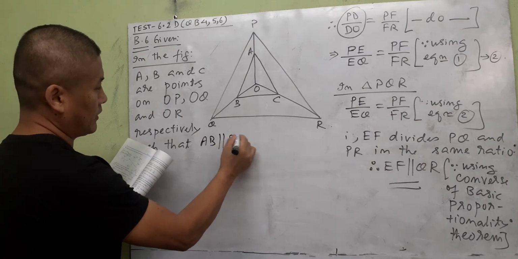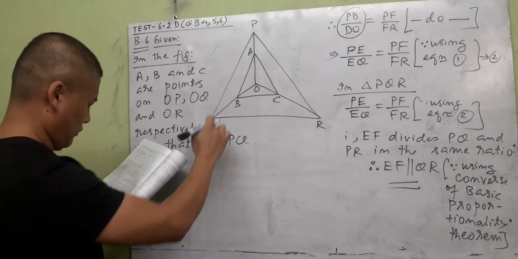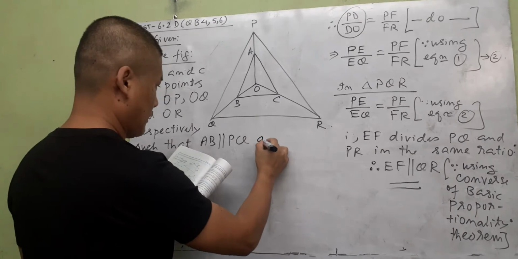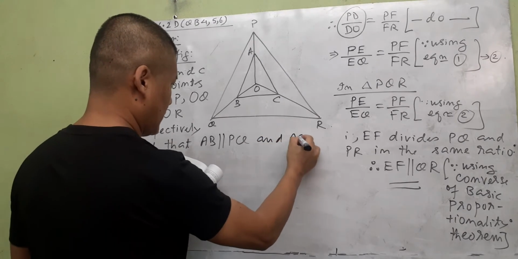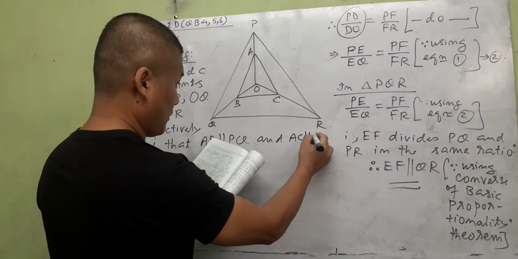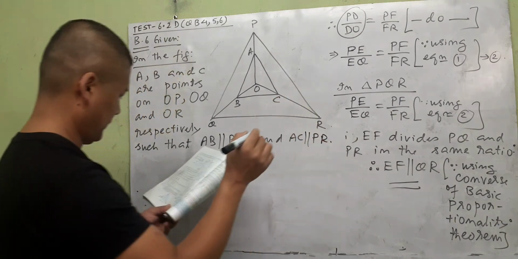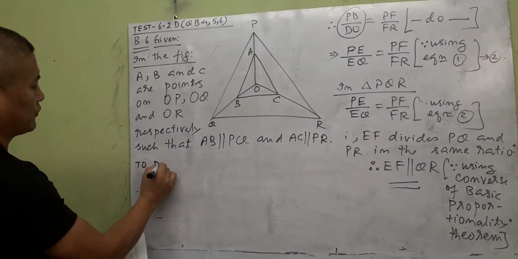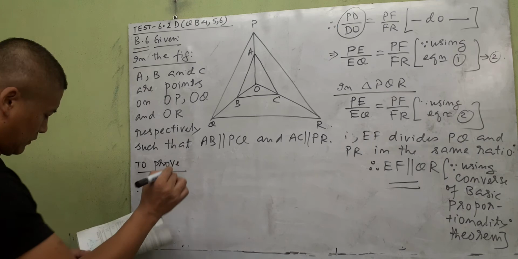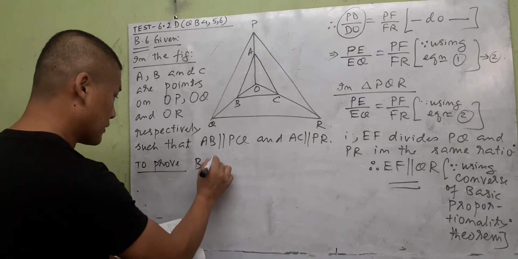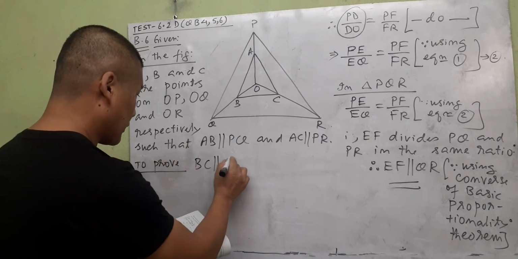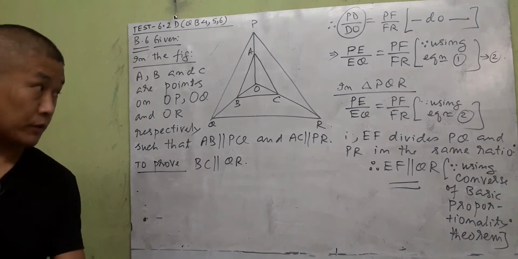AB is given as parallel to PQ, and AC is parallel to PR. This much is given. You have to show, means to prove, that BC is also parallel to QR. That's what we need to prove.